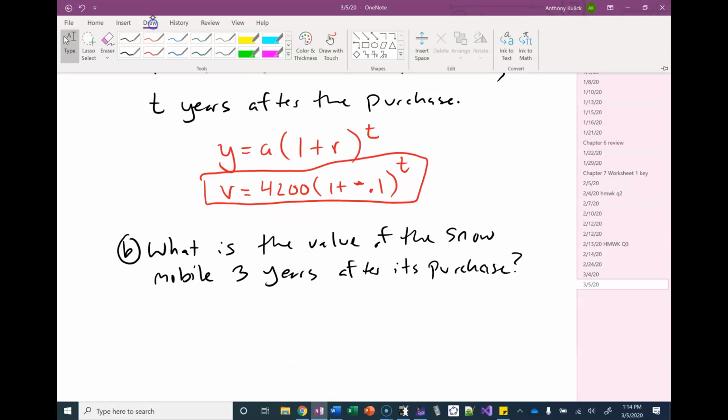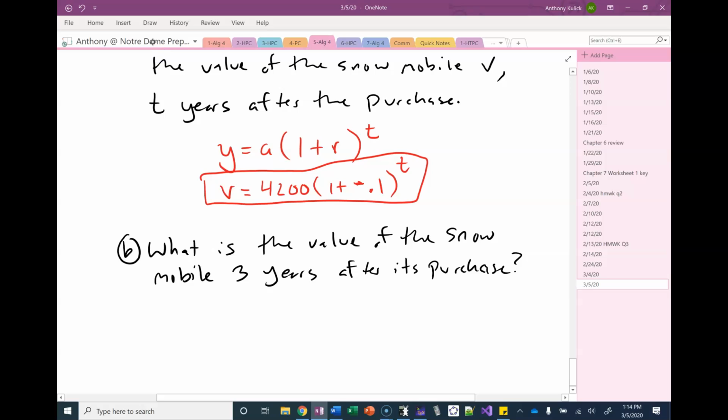So the next question says, what is the value of the snowmobile 3 years after its purchase? Well, to do this, we're going to use our exponential model that we just wrote. Which letter are we looking for, V or T?